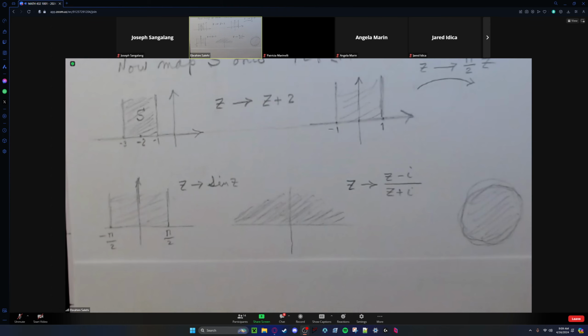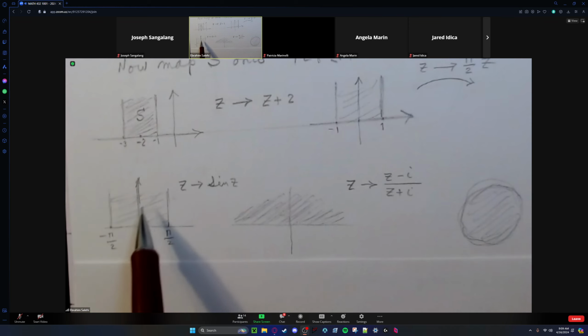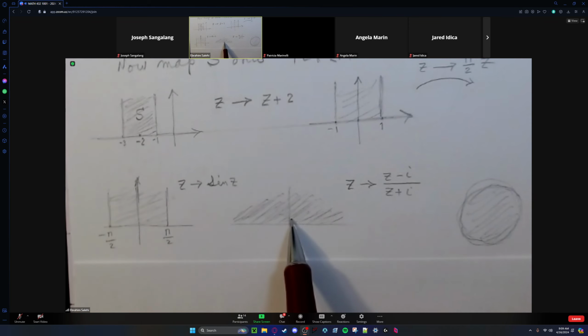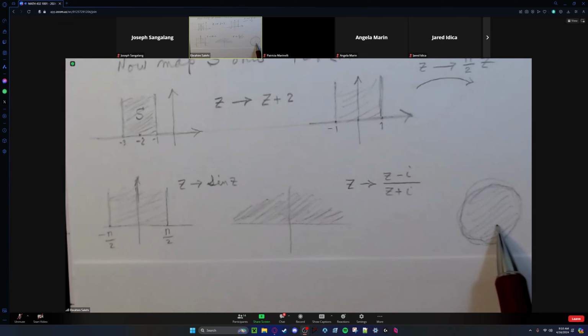When it comes to the more complicated one, it's sine z. You need to remember that sine z takes this part to the upper half plane. And you also need to completely understand that this function takes the upper half plane to the unit disk.